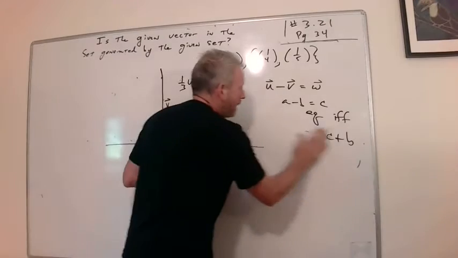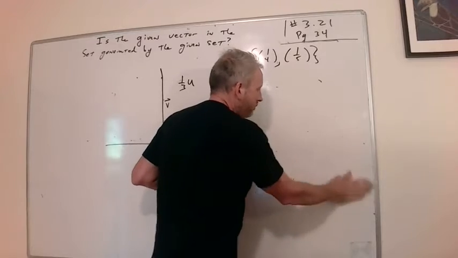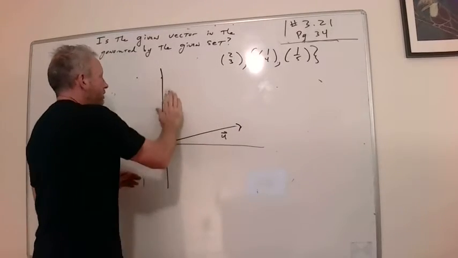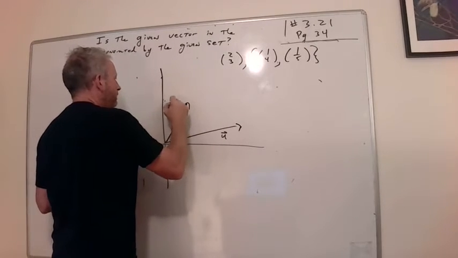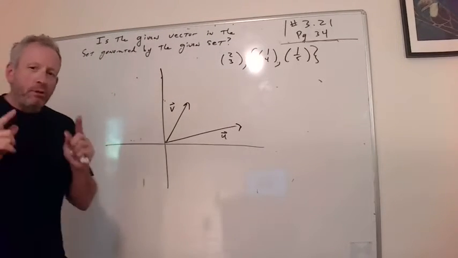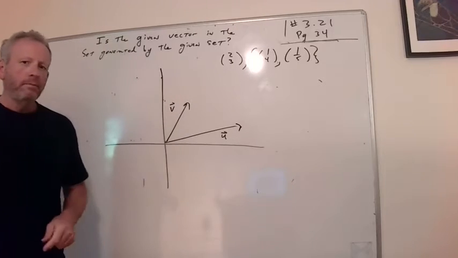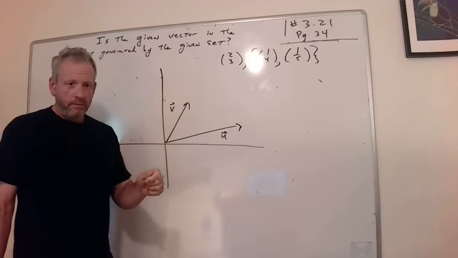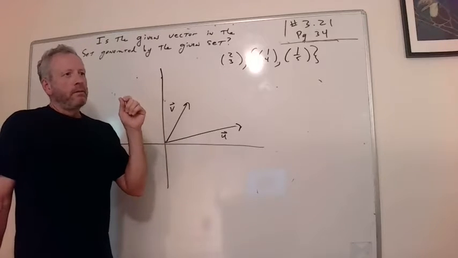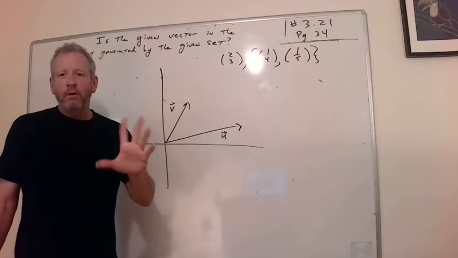Now I want you to consider the following thing. You have two vectors, U and let's say V. And I would like you to consider all the vectors you can construct via a linear combination of these two vectors. What do I mean by linear combination?